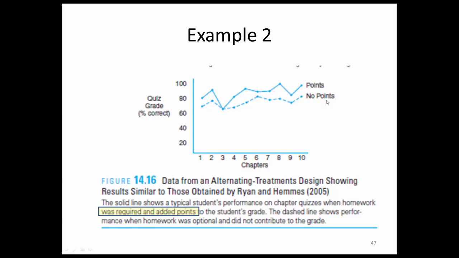And each student alternates between the two treatment conditions. So it's not like we have two groups. Each student alternates between these two situations. And the graph clearly shows that whenever there is a point assigned for the homework, the students' performance on the quiz for that chapter is higher.